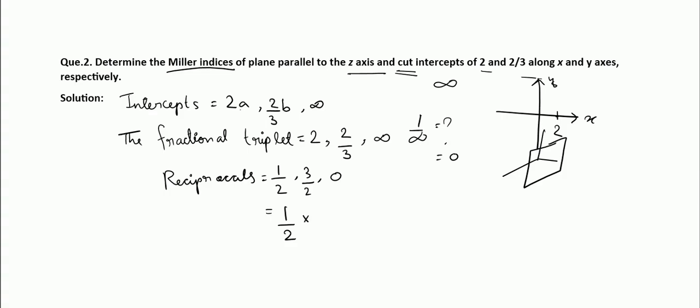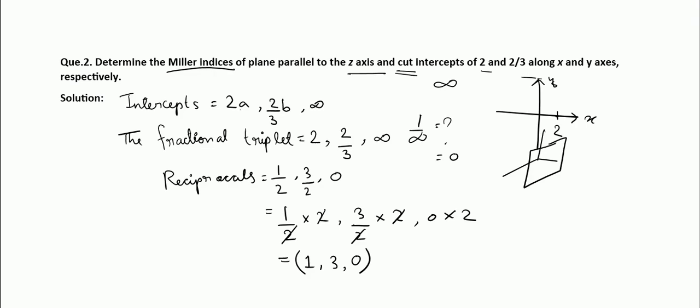So 1 by 2 multiplied by 2, 3 by 2 multiplied by 2, 0 multiplied by 2. We cancel the 2s, and anything multiplied by 0 is 0, right? So we have 1, 3, 0. This gives us the Miller indices as 1, 3, 0.